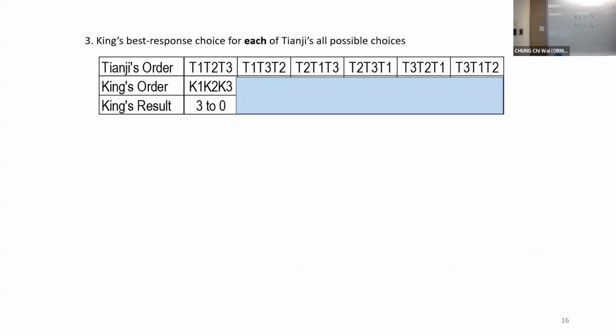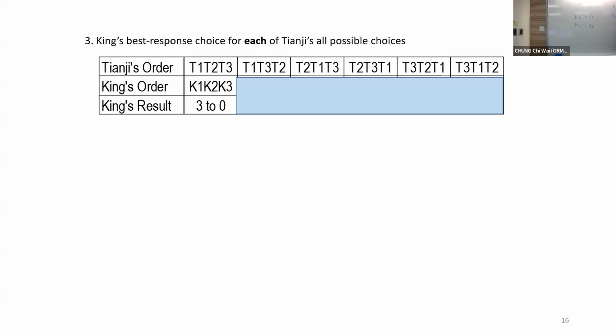Now, suppose Tianji can arrange the three horses in these six orders. If Tianji's order is P1, P2, P3, then the king's order next one is K1, K2, K3. K1 will be K1, K2 will be K2, and K3 will be K3.